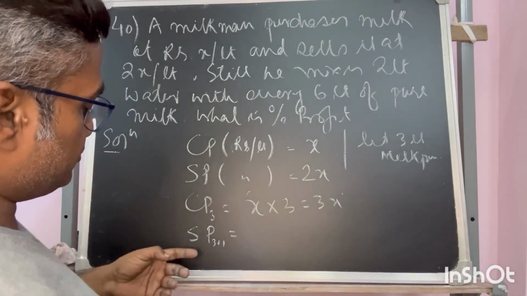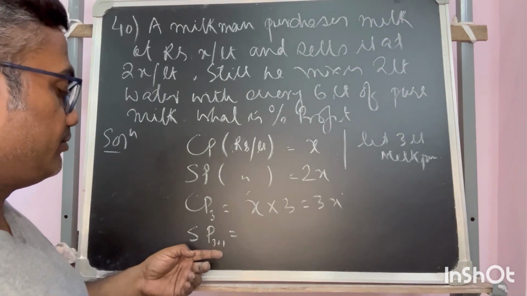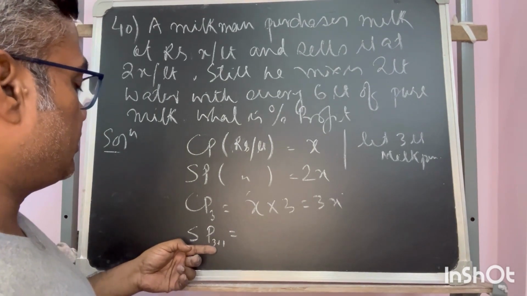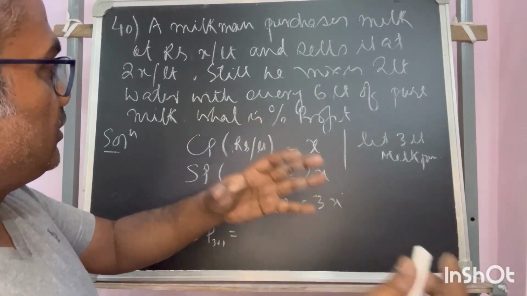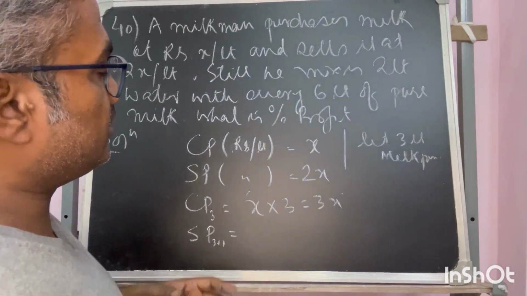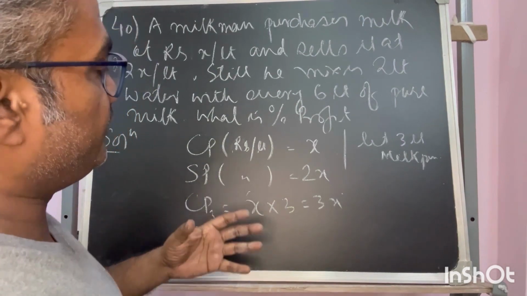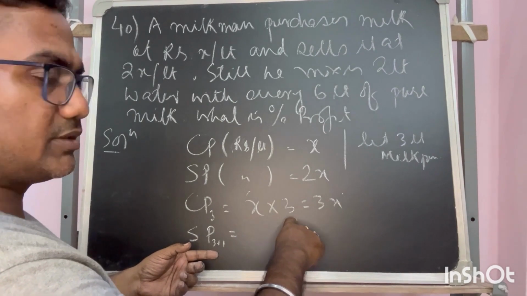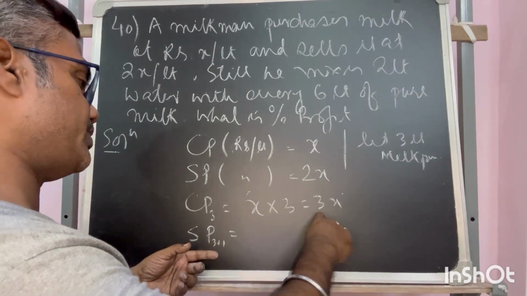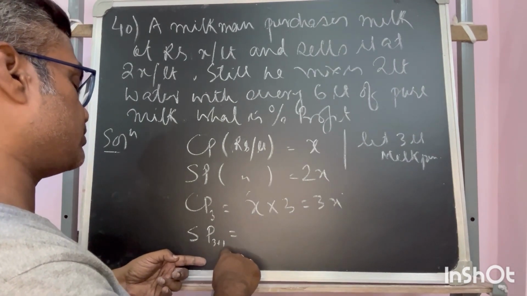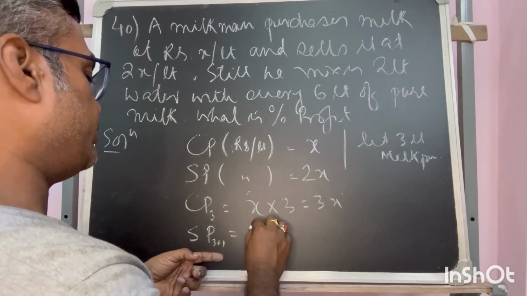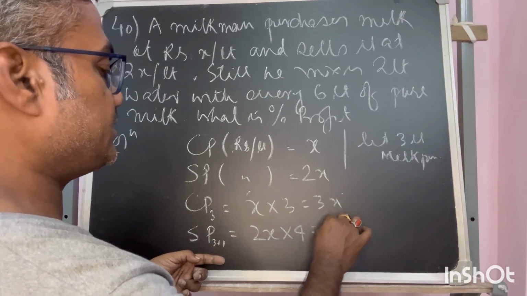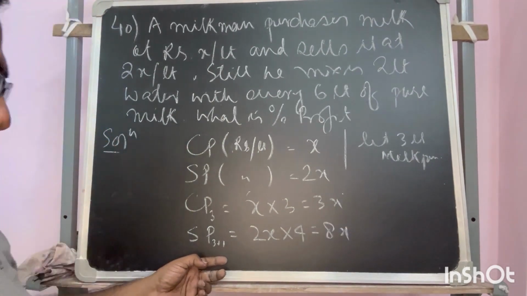So I can assume that he is selling milk, but the volume is increased. So there he is cheating. I am talking about the volume, not the property of the liquid. He has purchased 3 liter, for which he has paid 3x, and selling 3 plus 1, that means 4 liter, for which he is getting selling price into the volume, that means 8x is received.